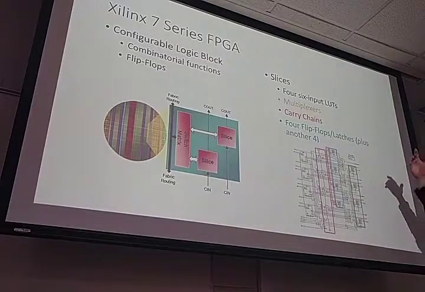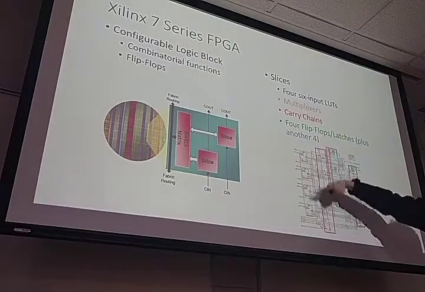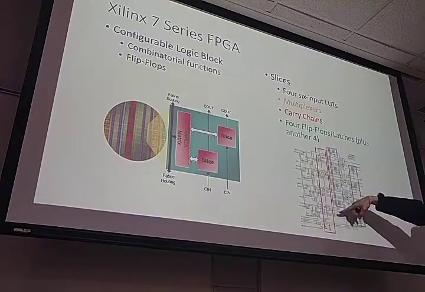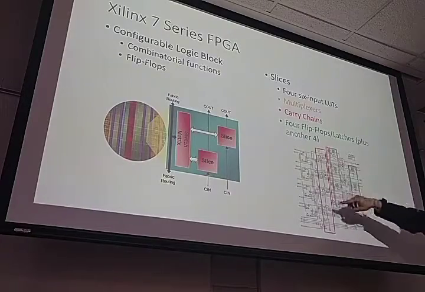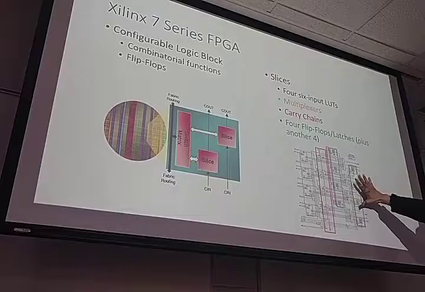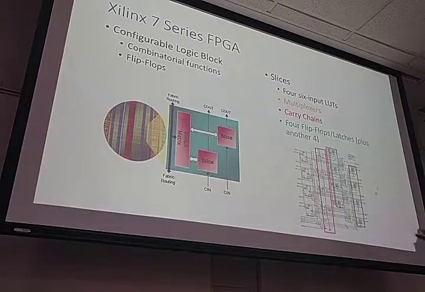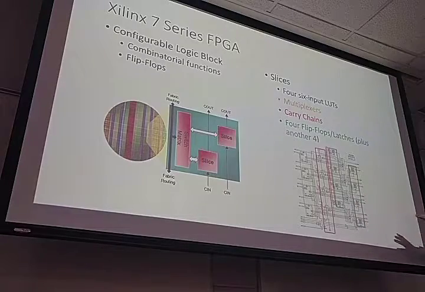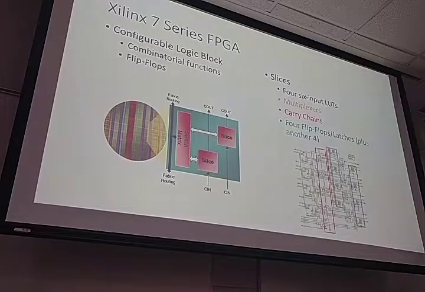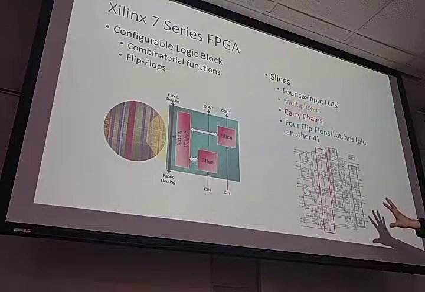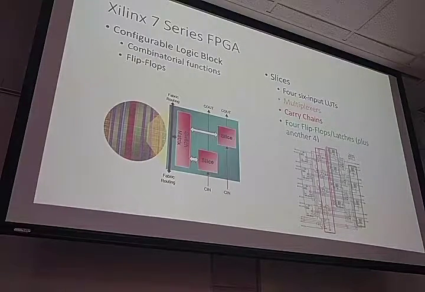You have a lot of 4-input LUTs, some multiplexers, and carry chains if you are doing math. In this case, 4 flip-flops, and also another 4 flip-flops here. So this is the number of resources you have, and depending on how you design your model, those resources will be used.